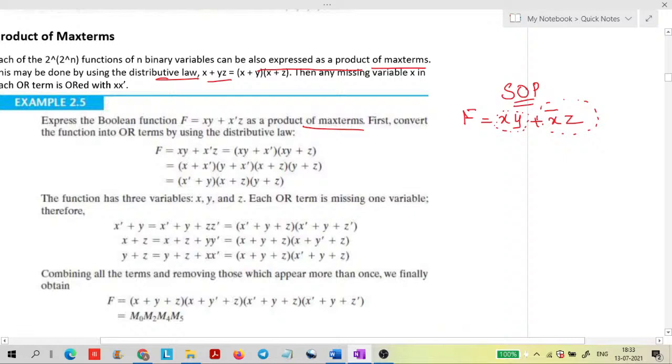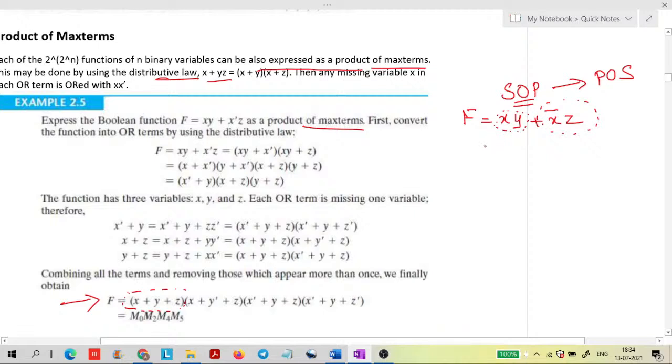But we require the product of sums form, a product of sums.